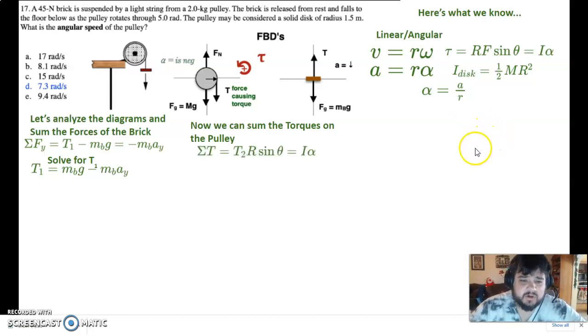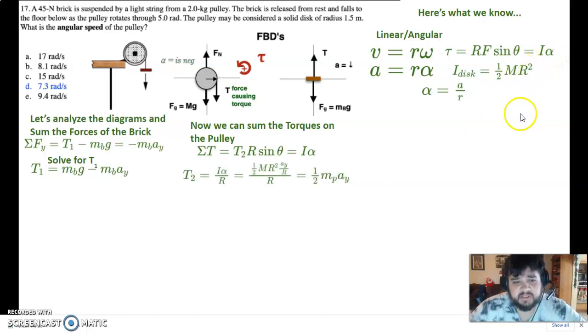The sum of the torques on the pulley itself, this is not the brick, it's solving it independently, is equal to the tension on the pulley times the radius times the sine of theta, which is also equal to I alpha that we said previously.